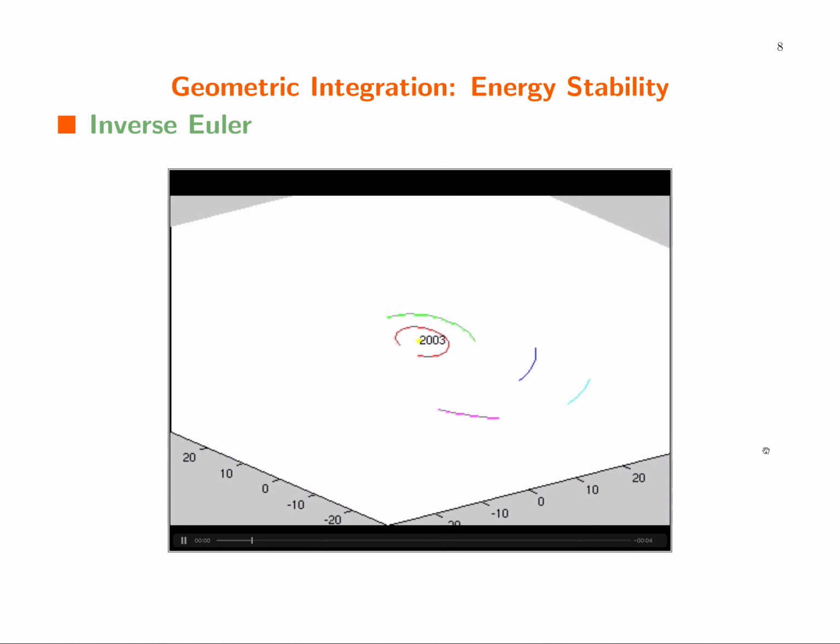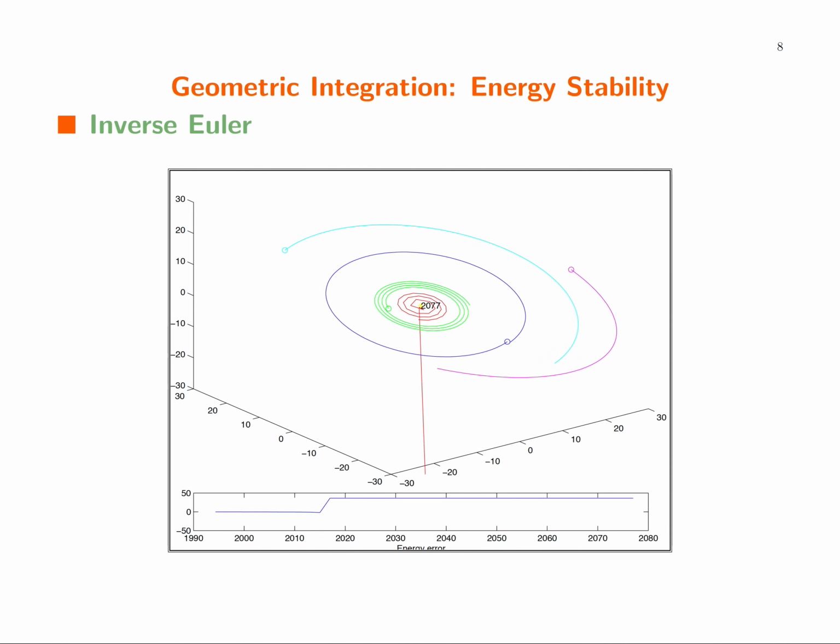And now you see that the trajectories are decaying, and one of the inner planets gets too close to the sun and again gets kicked out of the solar system. But at least you'll see that the energy error seems to be much better until such time that you have this ejection event here.